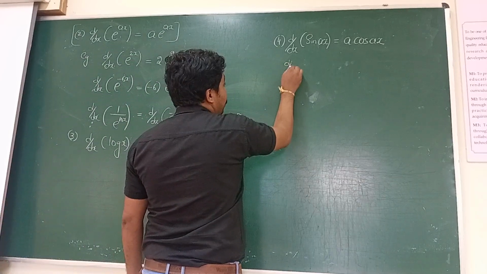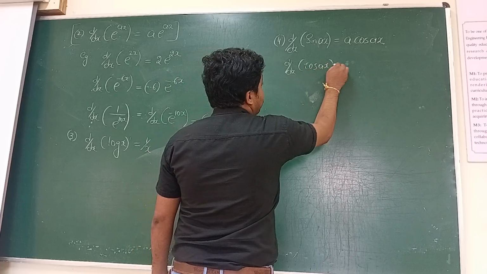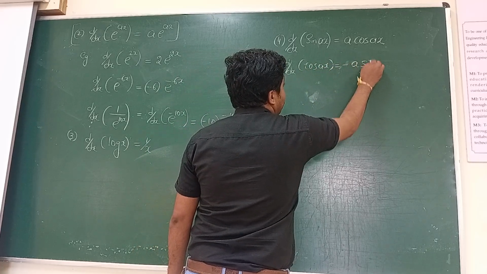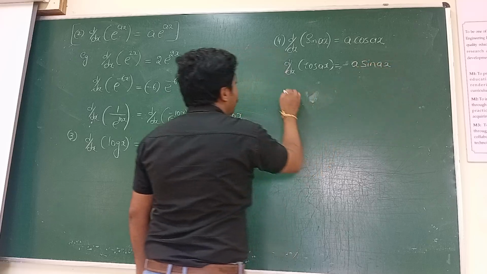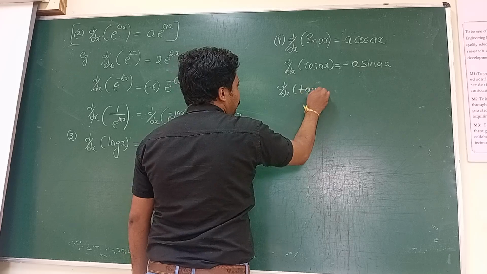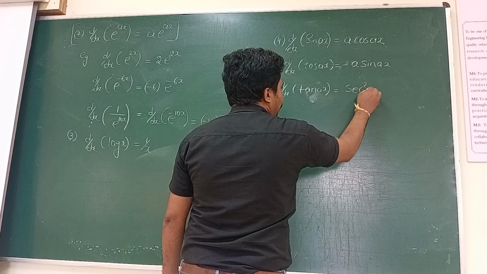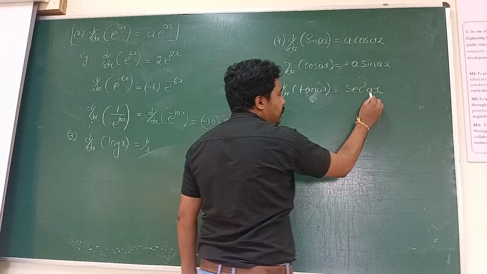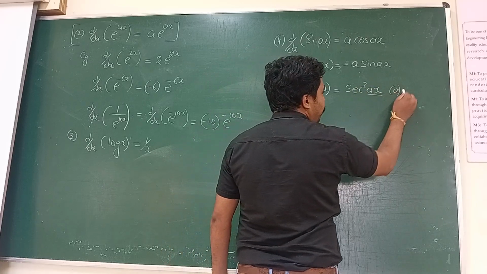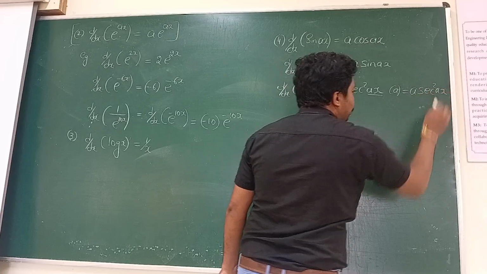Differentiation of cos ax is minus a sin ax. Differentiation of tan ax is secant square ax into the differentiation of the base term, that is a. So it becomes a times secant square ax.